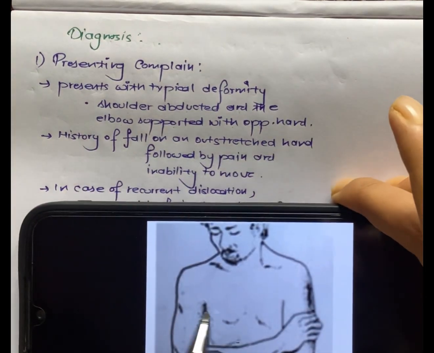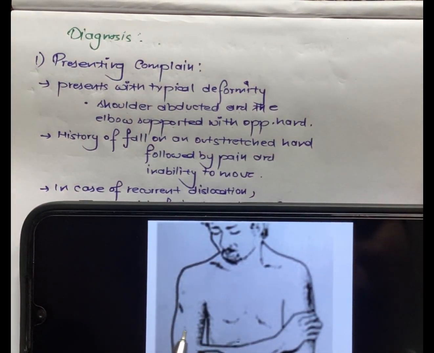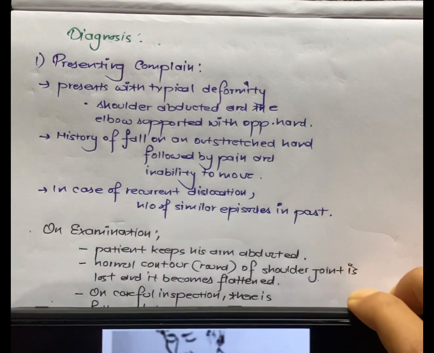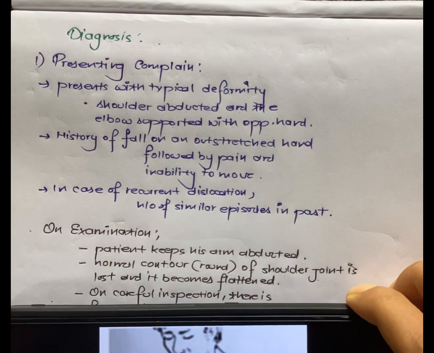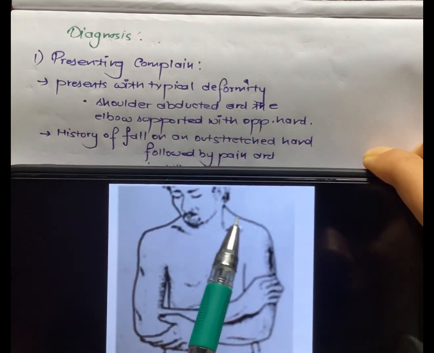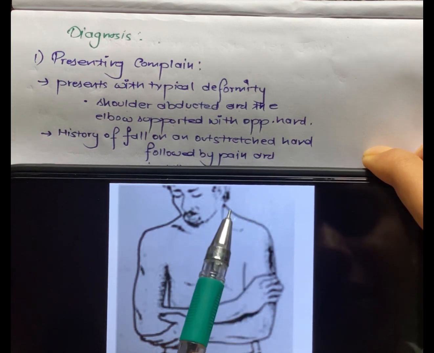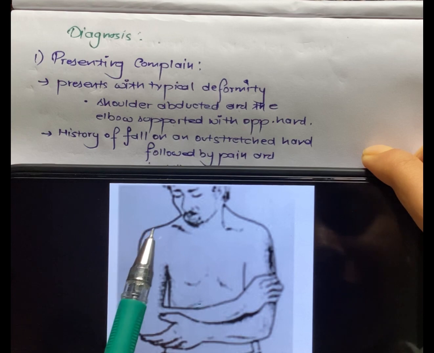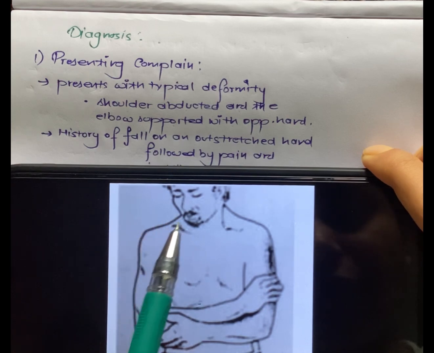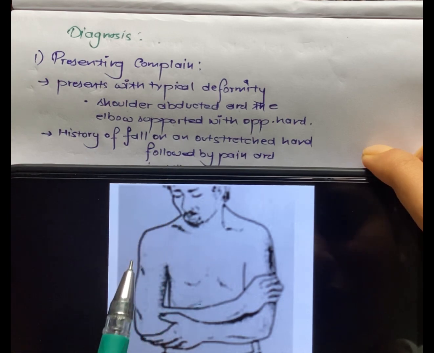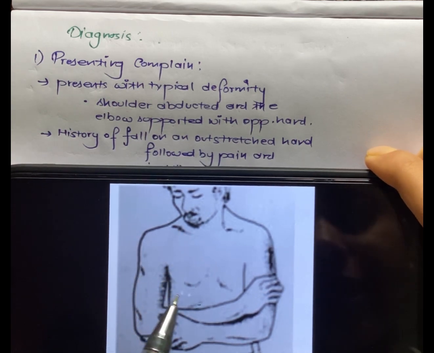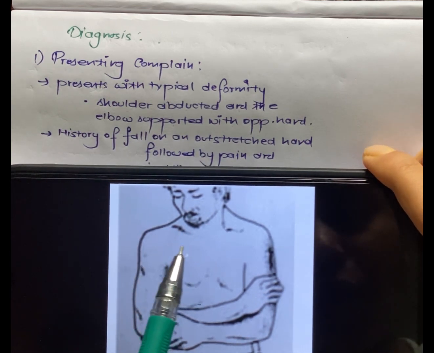The arm is kept abducted, and look at this opposite side. This is the normal contour of the shoulder joint, but in the affected side, there is flattening of the shoulder. And if we carefully see, we can see the fullness below clavicle.